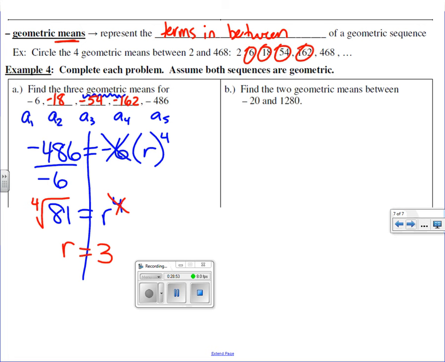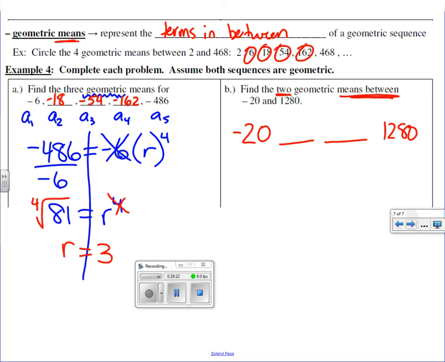All right, find the 2 geometric means between -20 and 1280. Eden, how would I set this one up? So there's going to be 2 in between, so 2 blanks, and then 1280.